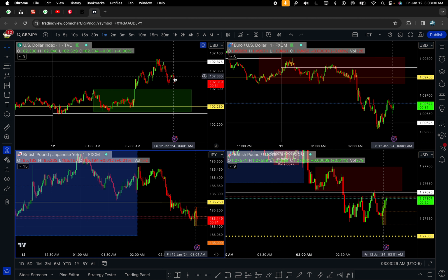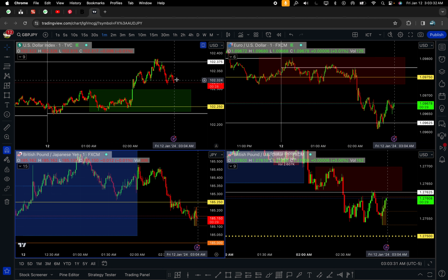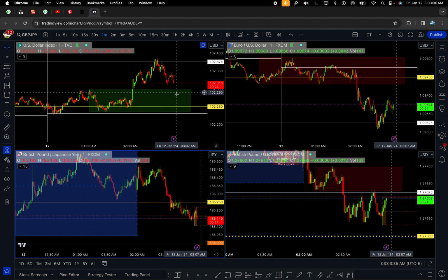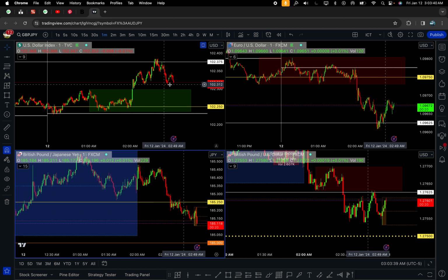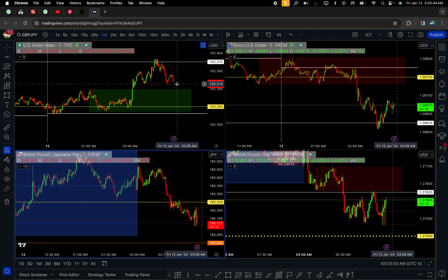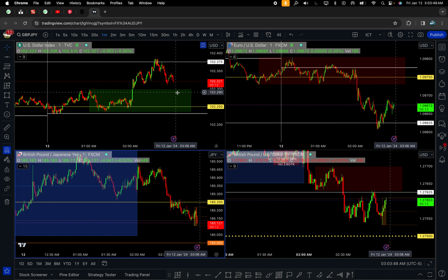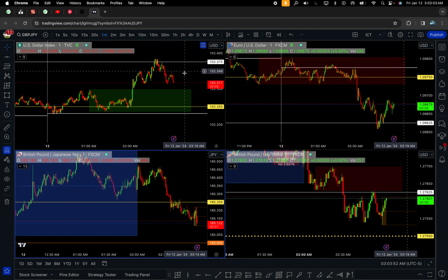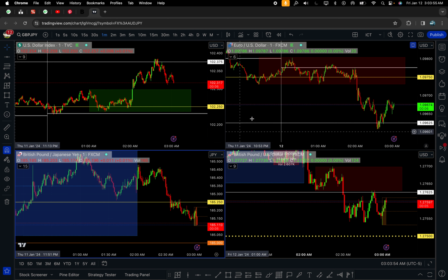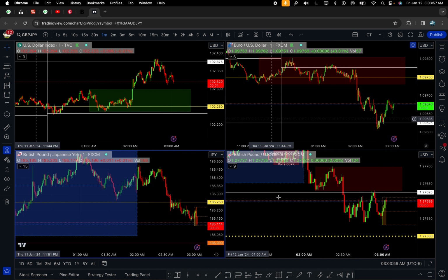Looks like the dollar might be taken off a little bit below, maybe below these lows here. Those are equal lows. Maybe tap into this range and go for some more to the upside. Hopefully for me, hopefully.